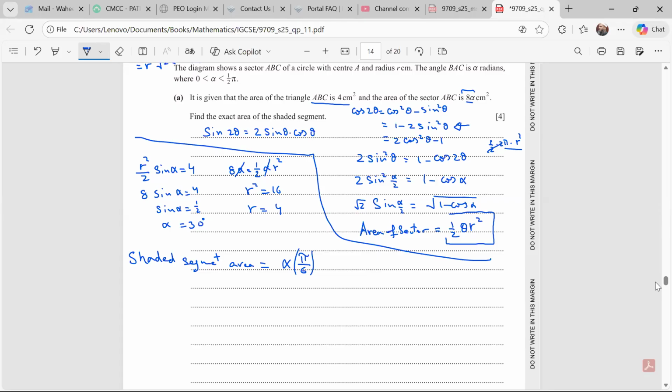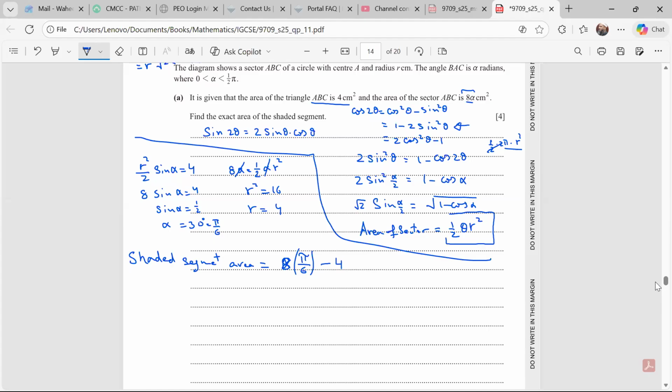Oh, what am I doing? Sorry. It is 8 alpha. So this is 8, not alpha. 8 times alpha, and alpha is 30 degrees, which is pi by 6 radian. From here, I will subtract the area of the triangle, which is 4.